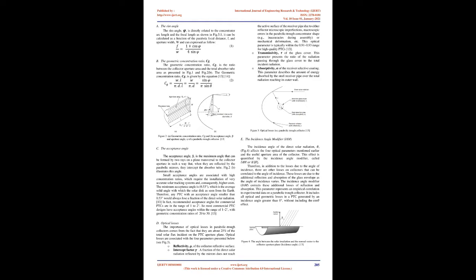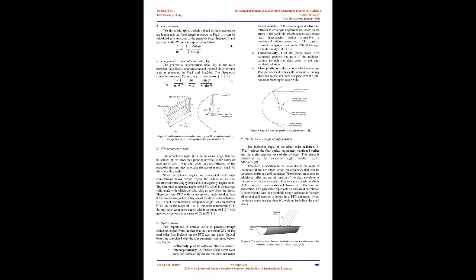Small acceptance angles are associated with high concentration ratios, which require the installation of very accurate solar tracking systems and, consequently, higher costs. The minimum acceptance angle is 0.53 degrees, which is the average solid angle with which the solar disk is seen from the Earth.